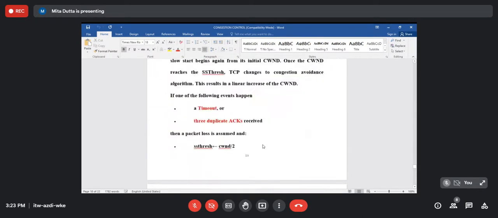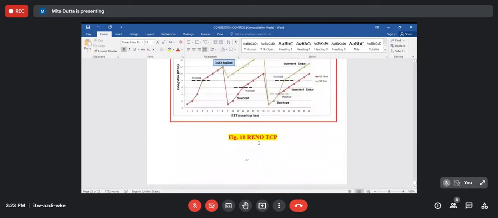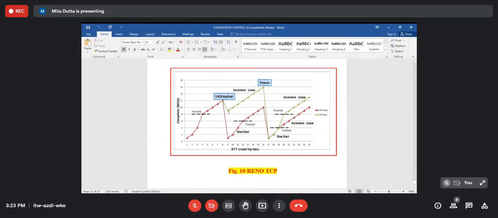First, recovery algorithms. When 3 duplicate ACKs occur, CWND will be CWND by 2 plus 3. Here it will be 6 plus 3, which is 9, and the window grows linearly. Then a timeout occurs, and it is 16.